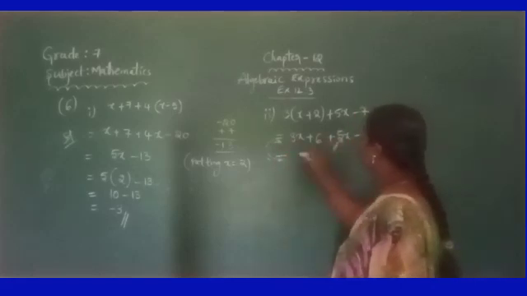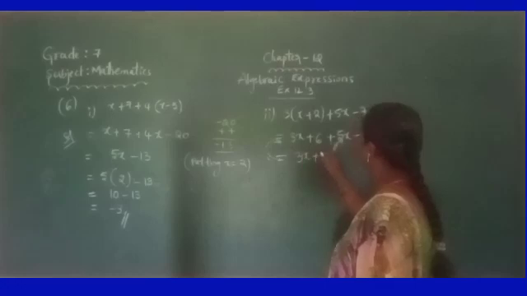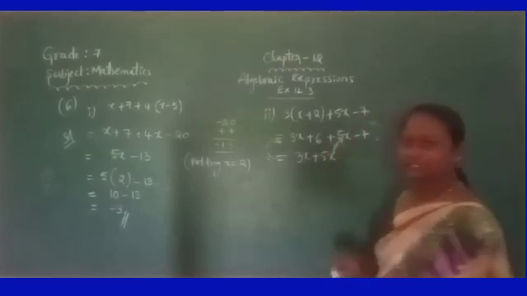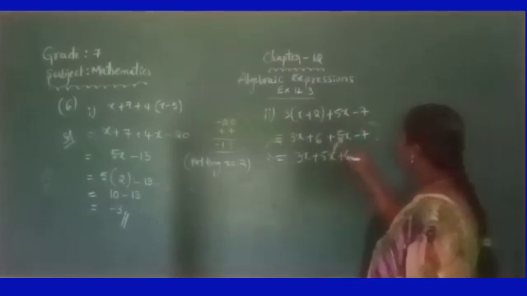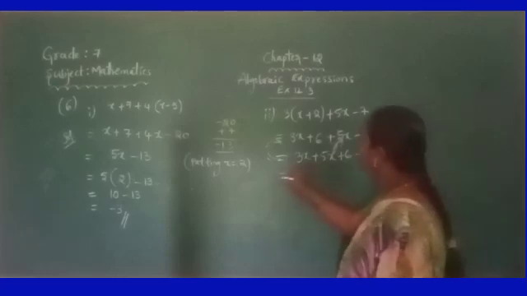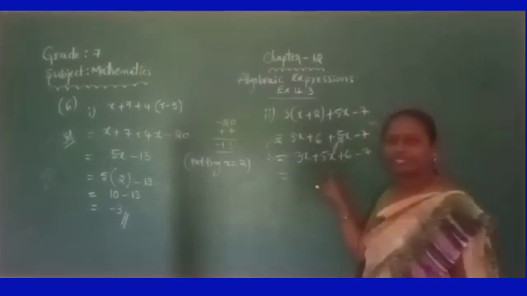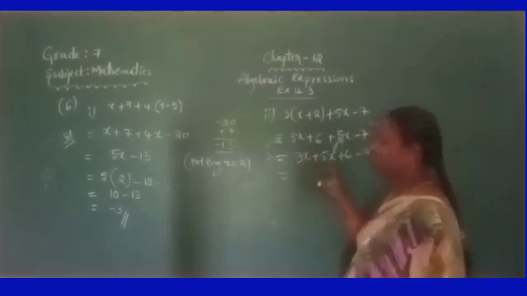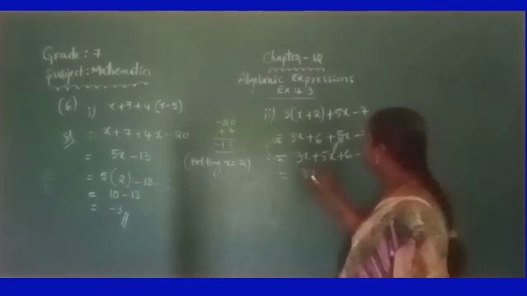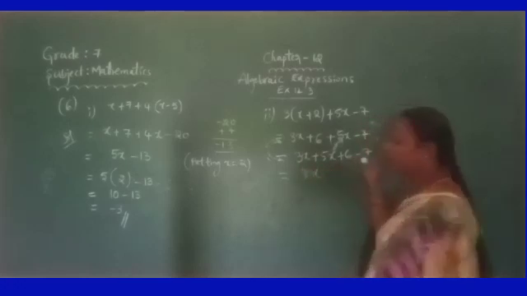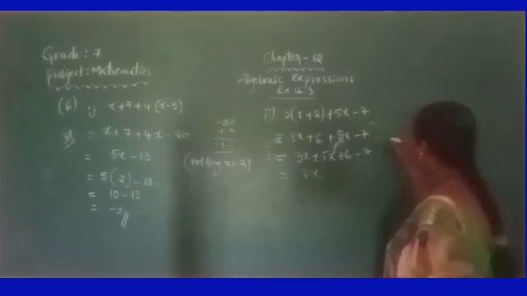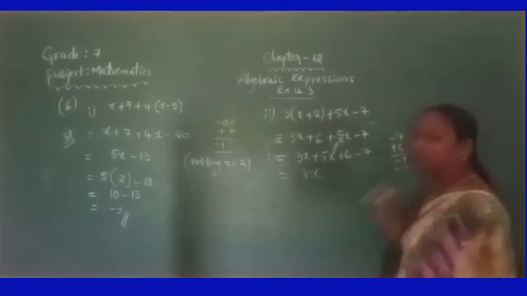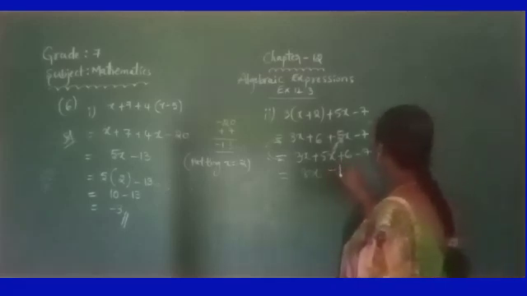Next, 3x plus 5x, write both terms at once, please. Next, plus 6 minus 7. Now tell me, 3x plus 5x how much? 8x plus 6 minus 7. You subtract minus 7 from plus 6, you get minus 1.